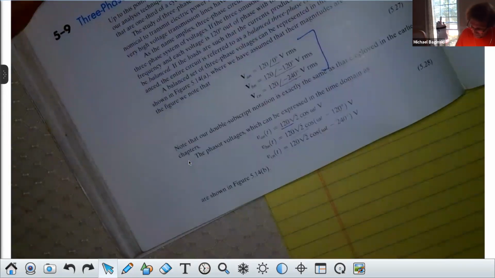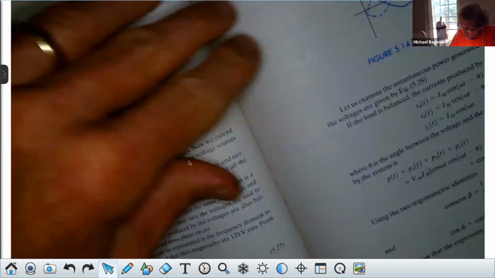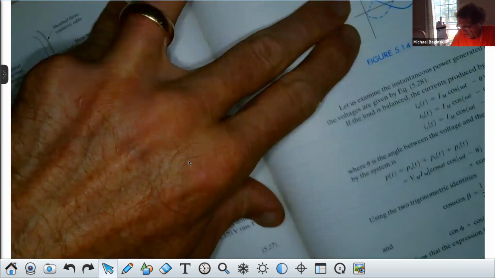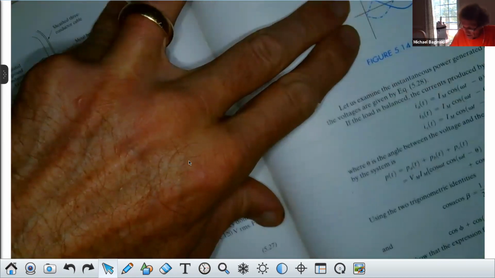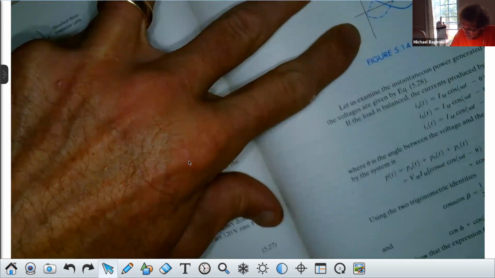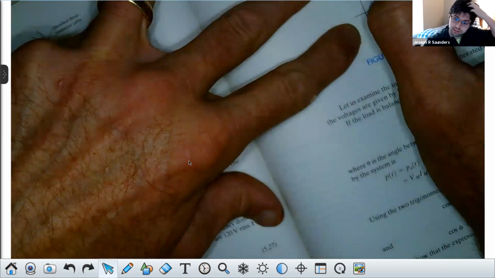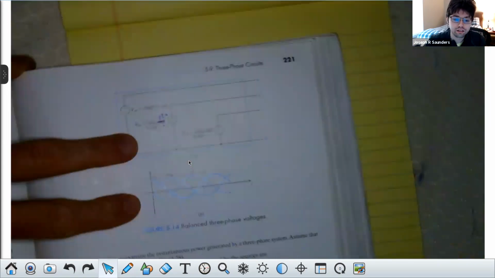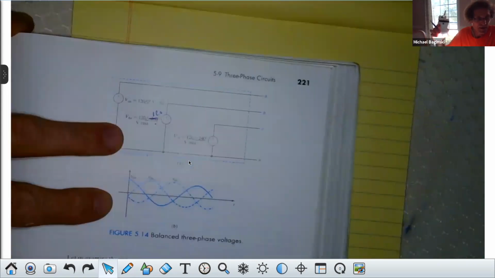It's not a big deal. Instead of showing them as a Y, here they have them all on a single plane and they just show the voltage difference. Here's 120 degrees at 0 degrees. There's going to be 120 at... We can't see. Right. Isn't going quite the way I want, but I'm going to try my best.